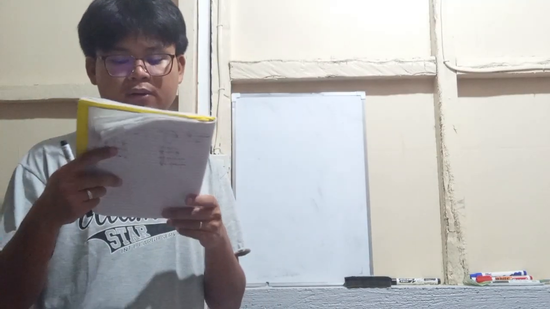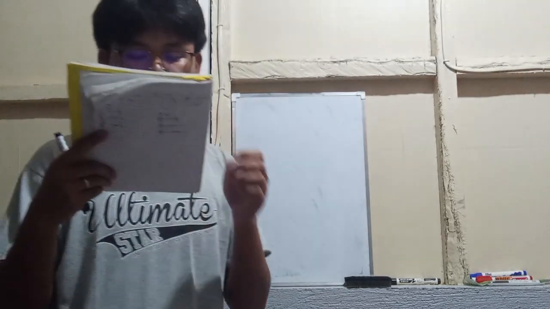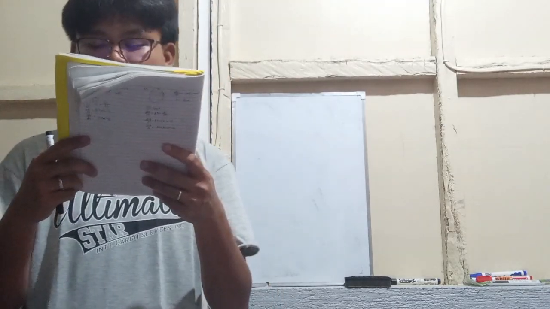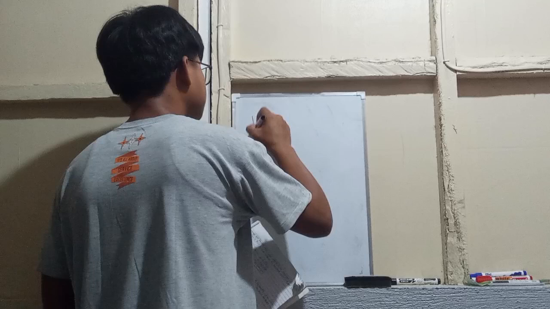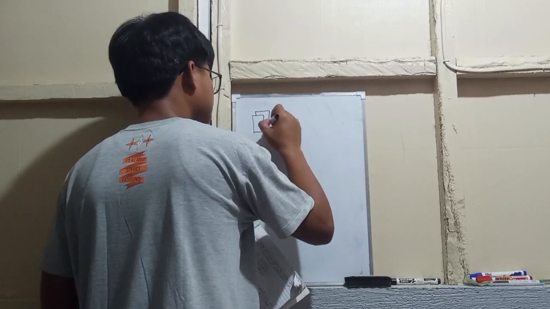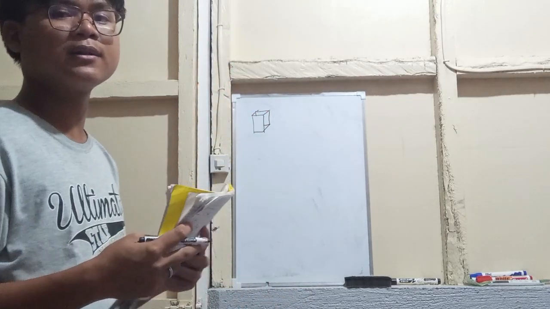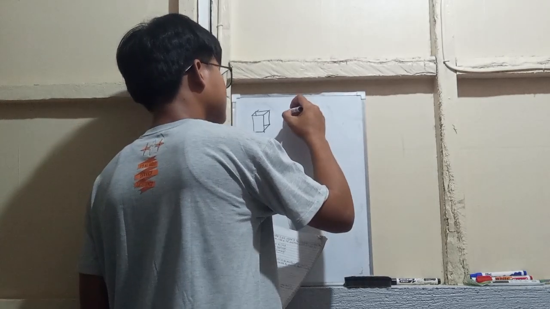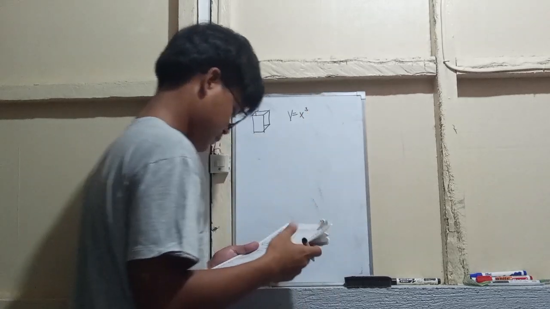What is the allowable error in measuring the edge of a cube that is intended to hold 8 cubic meters if the error of the computed volume is not to exceed 0.03 cubic meters? So we'll have the drawing of a cube. Then we know that in getting the volume of a cube, we have the formula of x cubed.